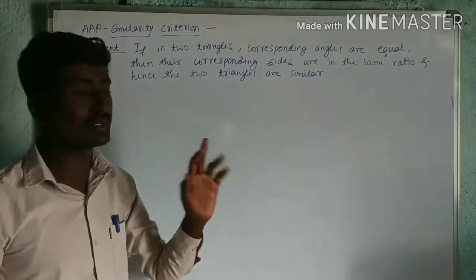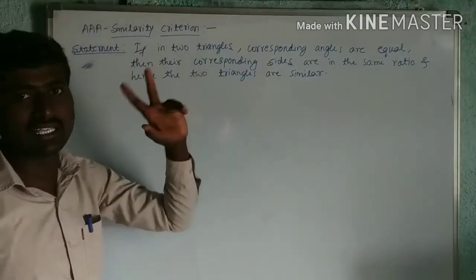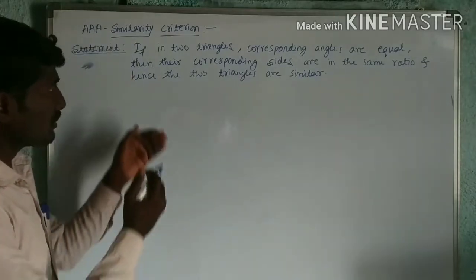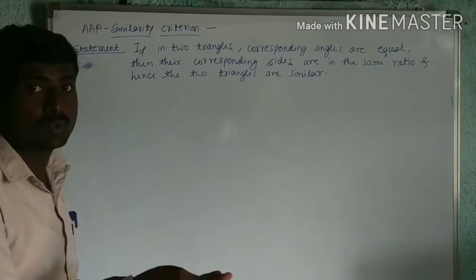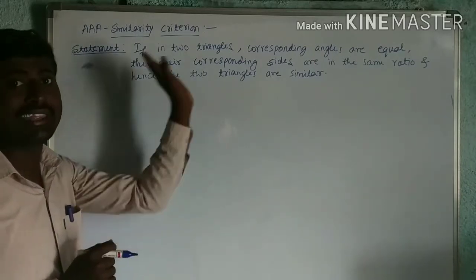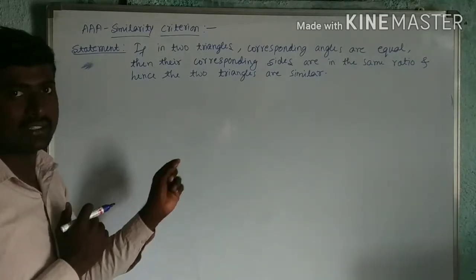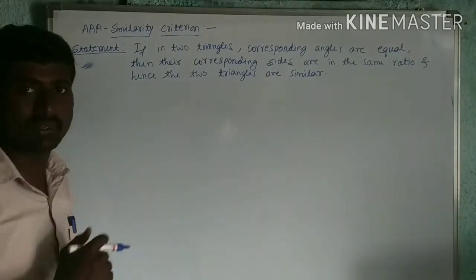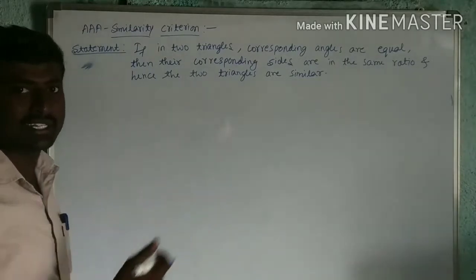The same statement only, but you can add the word two here, because in AA they have given two angles. While proving the AA similarity criterion, I will explain how to write the proof. Maximum 99% is similar, so one or two statements will be changed.